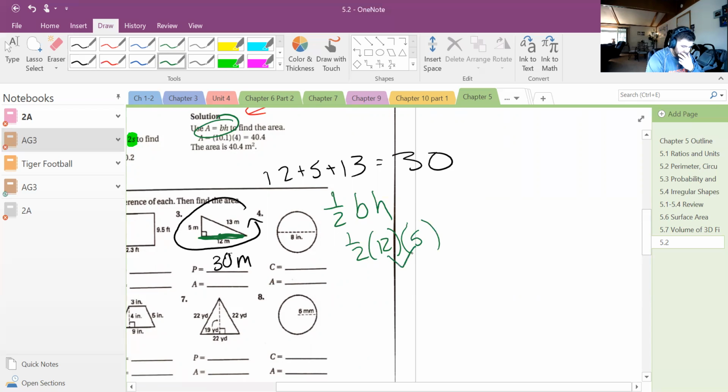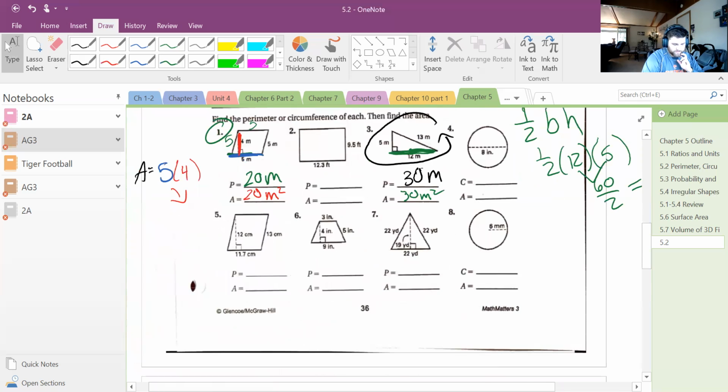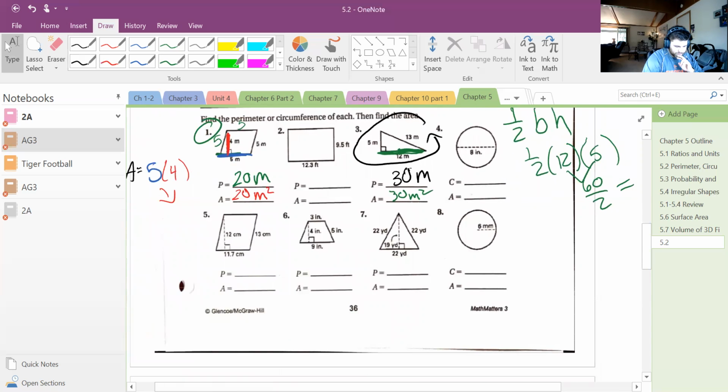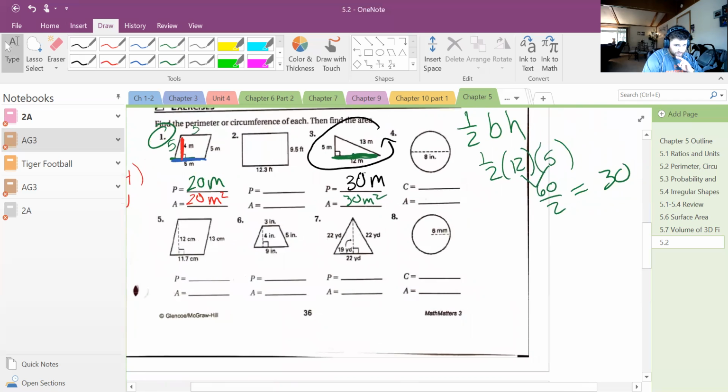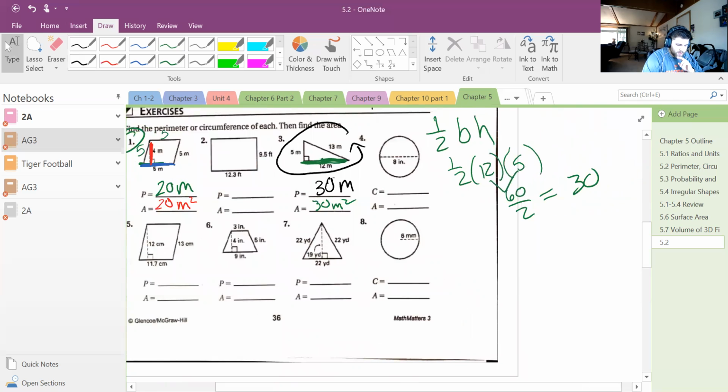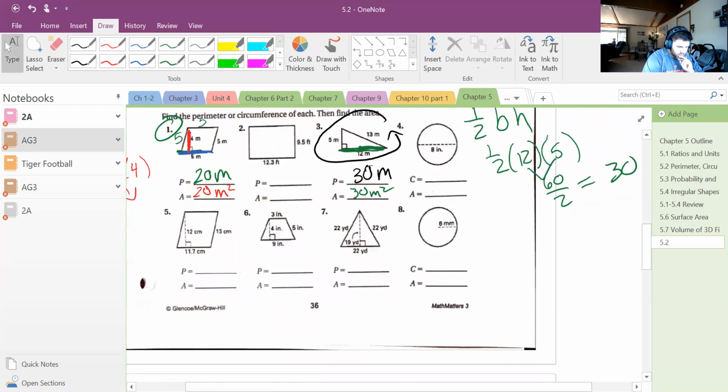So 12 times 5 is 60. 60 divided by 2, or multiplied by 1/2, is going to be 30 meters squared. Cool. Is it a coincidence that we're getting the same? Who knows? 30, 30, 20, 20.